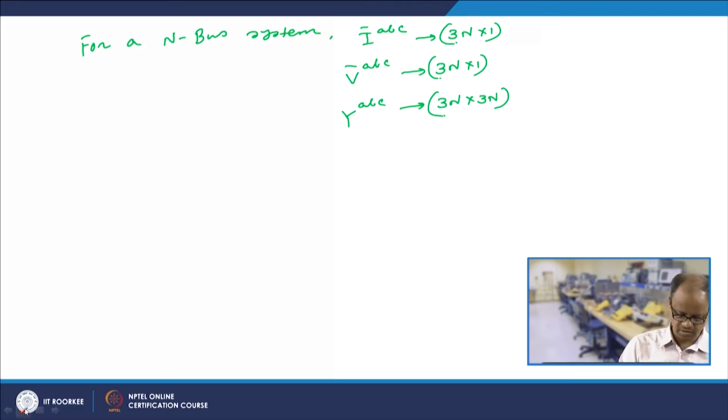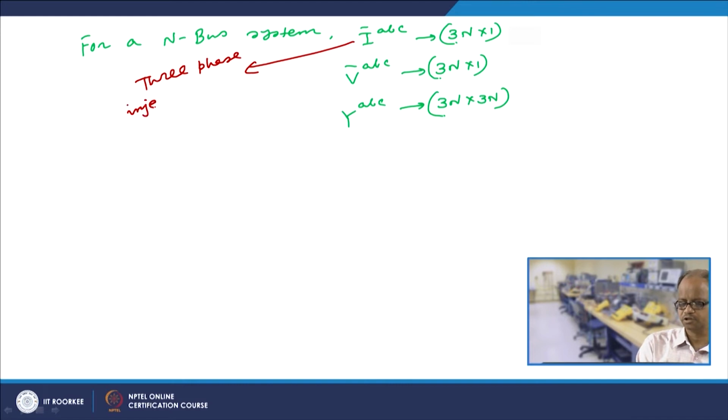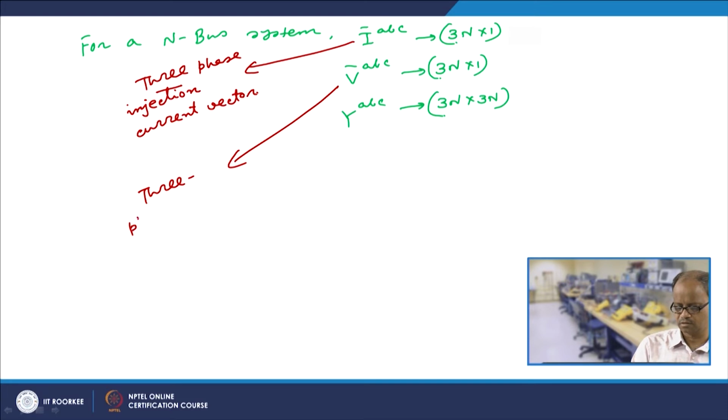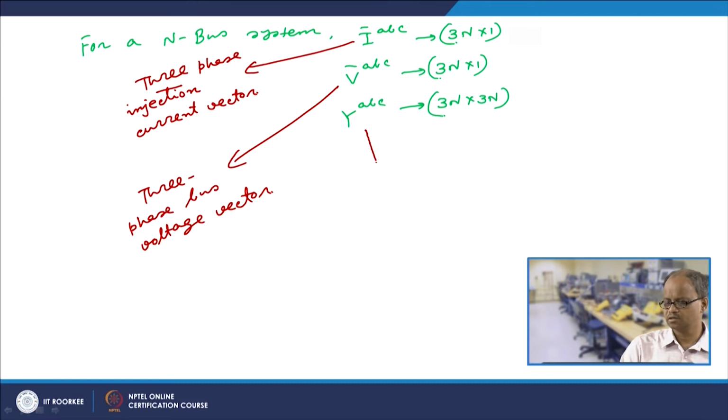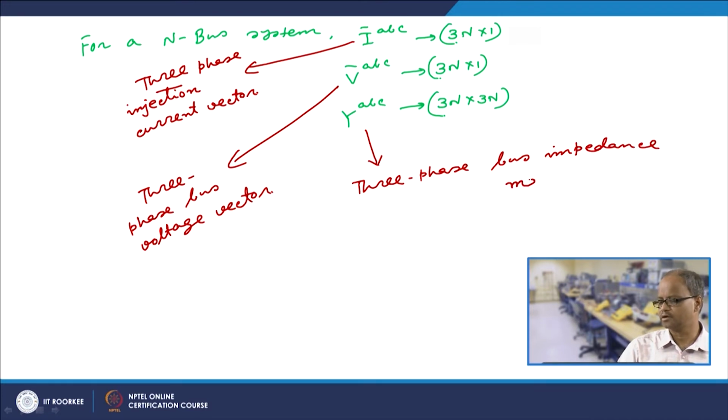We should say that this is the 3-phase injection current vector, this is the 3-phase bus voltage vector, and this is the 3-phase bus impedance matrix.